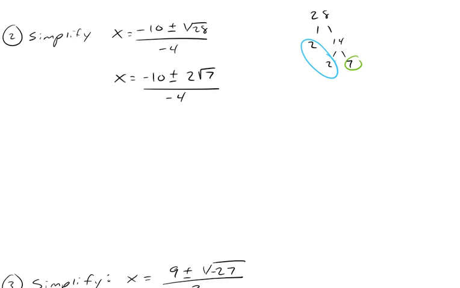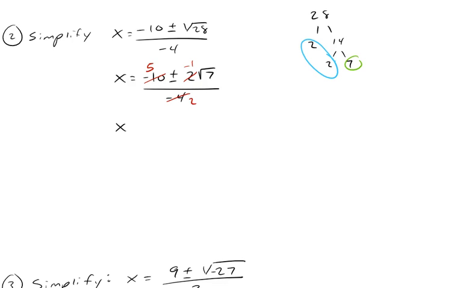However, since the 10 is negative, it's actually going to be simplifying by negative 2. So negative 10 divided by negative 2 becomes 5. 2 divided by negative 2 is a negative 1. And negative 4 divided by negative 2 gives me a positive 2.